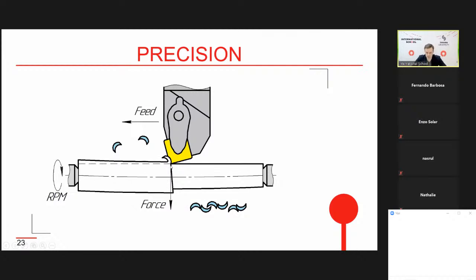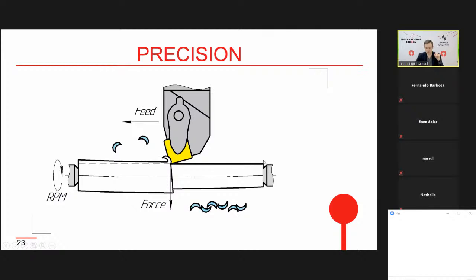But what can we see? Due to deformation, the layer of material that is cut from the workpiece is thinner. So we remove less material. In other words, the higher the deformation, the lower will be the thickness of material which is removed.